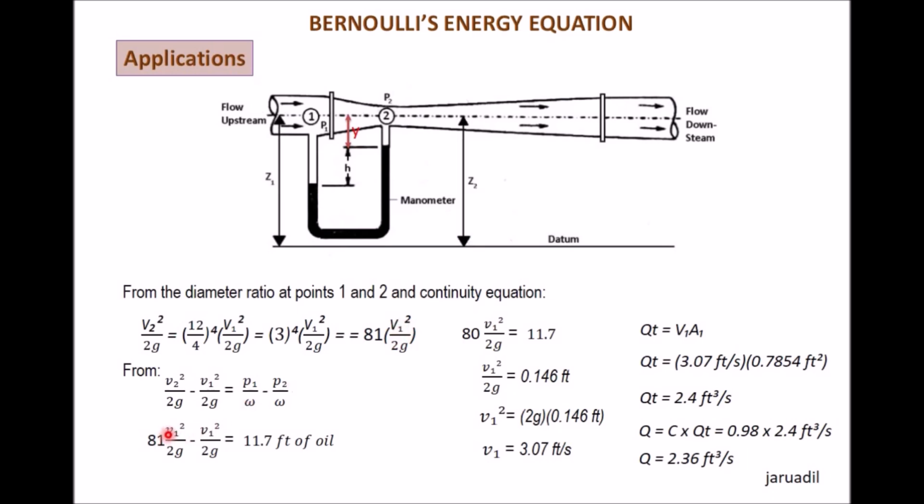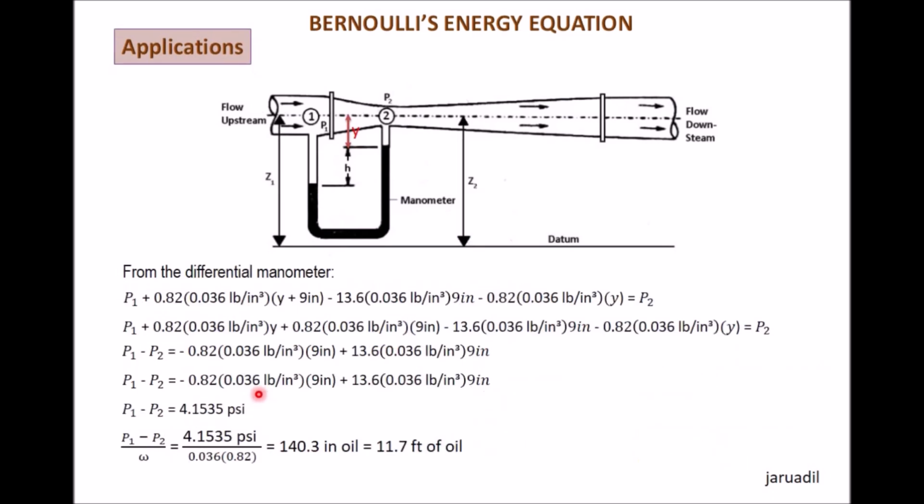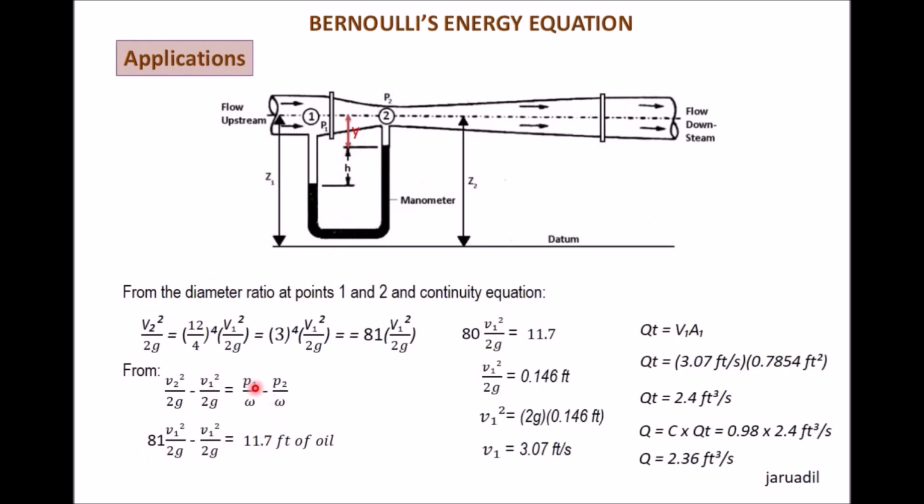So, 81 times velocity head at point 1 minus this one, velocity head at point 1 is equal to, yung na-compute naman natin na P1 minus P2 over W. Okay? P1 over W minus P2 over W. So, this is 11.7 feet of oil. Now, by simplifying, we have here 81 minus 1. That becomes 80. And v1 squared over 2g is equal to 0.146 feet.